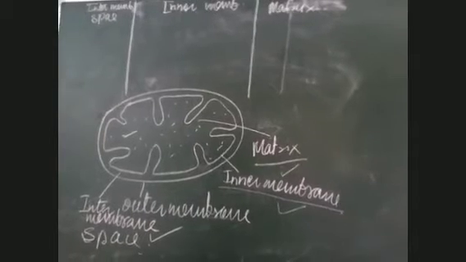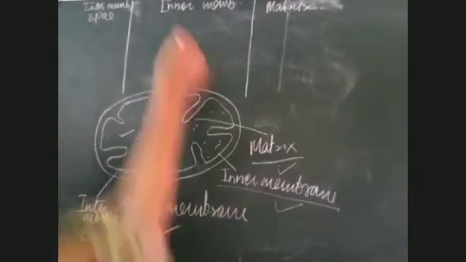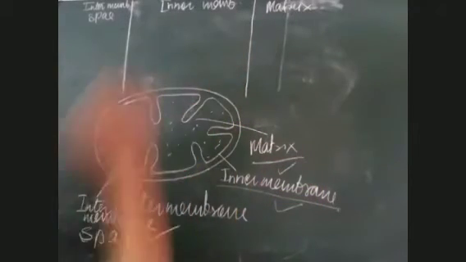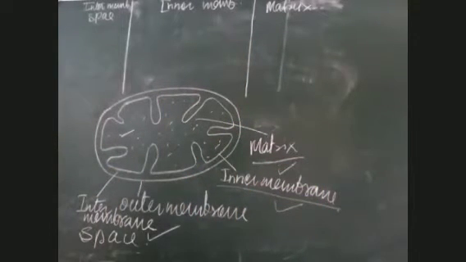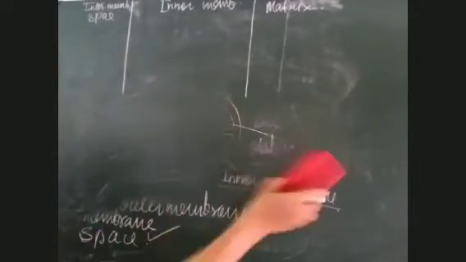I think everything is visible to you. This intermembrane space I have made here. The inner membrane is this, and matrix is this. All three columns I have made represent the various sites where electron transport chain takes place. Now I'll erase this diagram, and I'll continue with what happens in these three sites.